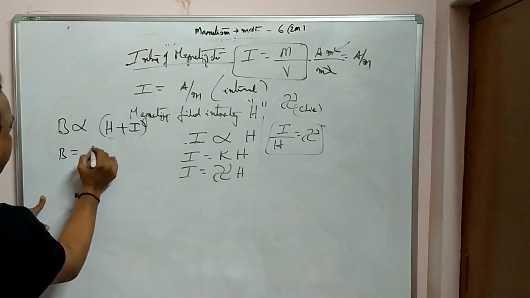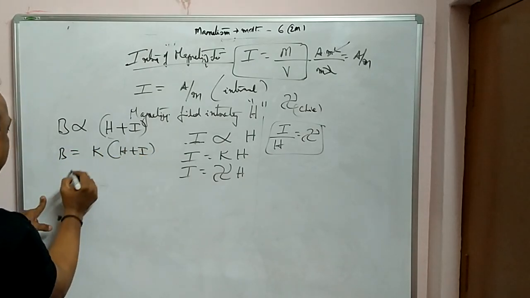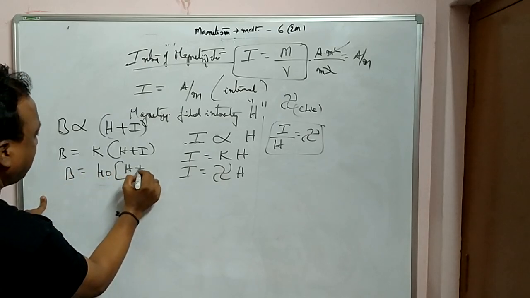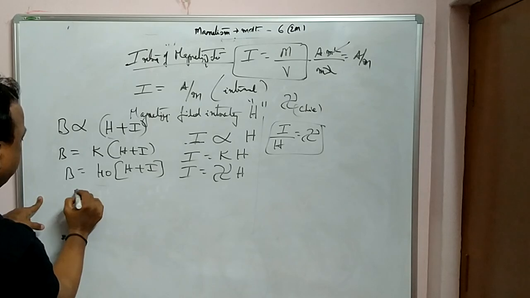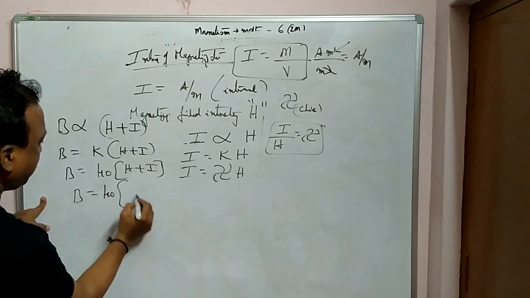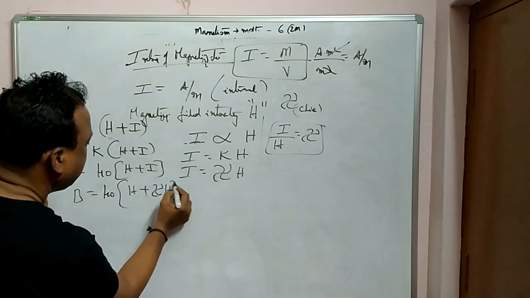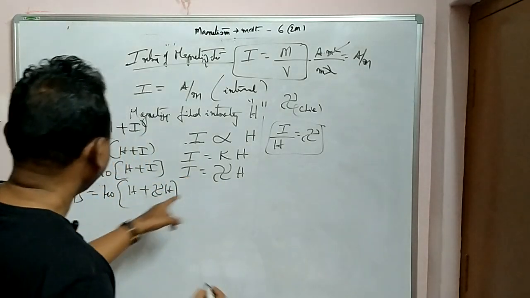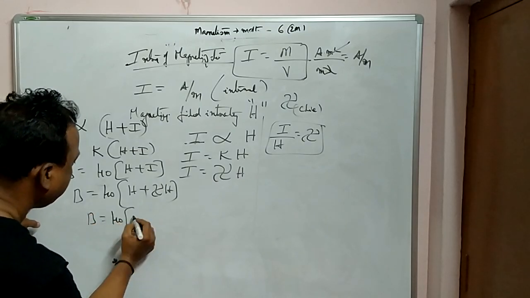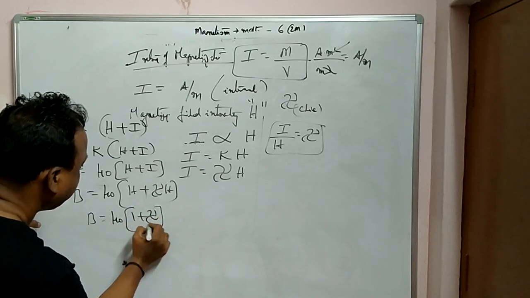B is equal to mu naught into H plus I, or B is equal to mu naught into H plus psi H, because we know I is equal to psi H. Taking H common, B is equal to mu naught into 1 plus psi into H.